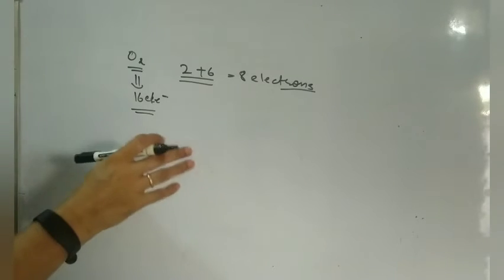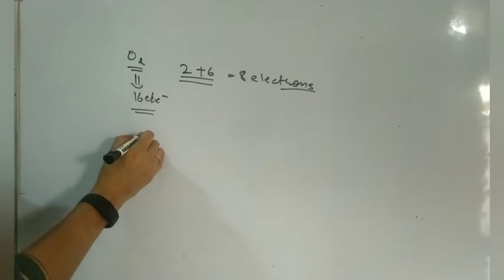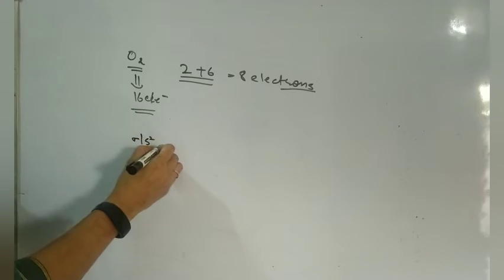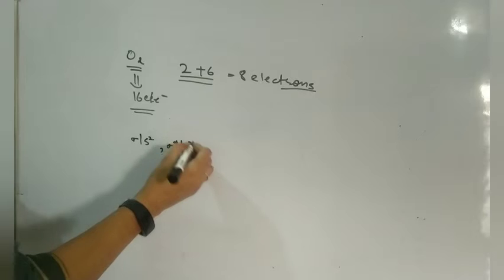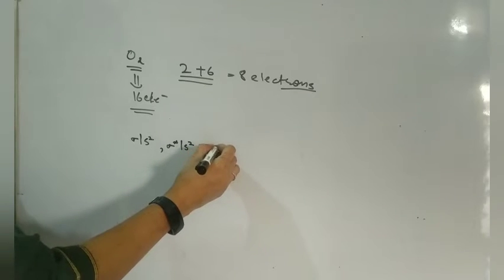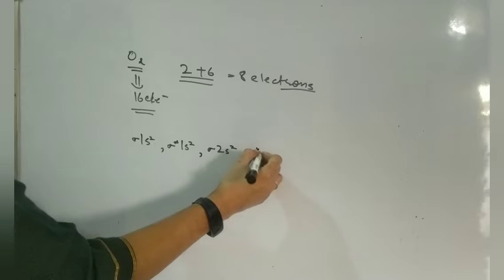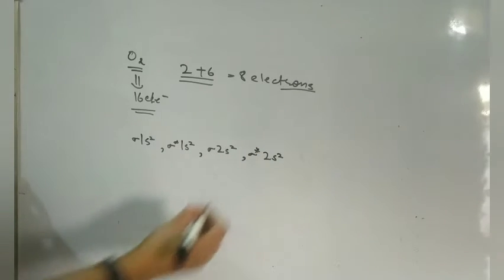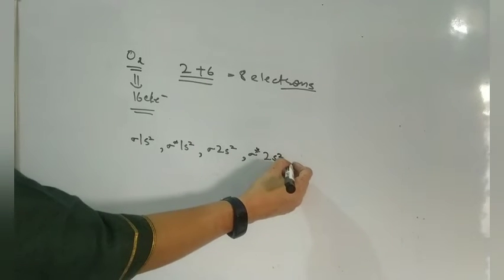First we will write the electronic configuration: sigma 1s2, sigma star 1s2, sigma 2s2, sigma star 2s2.